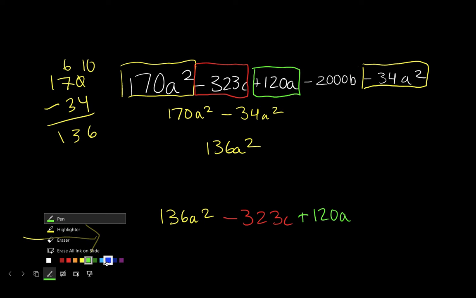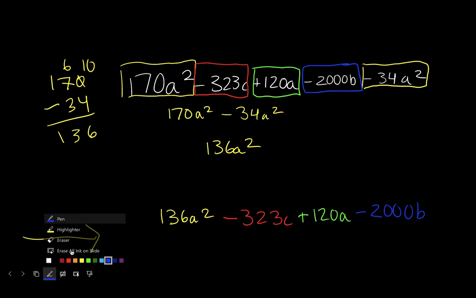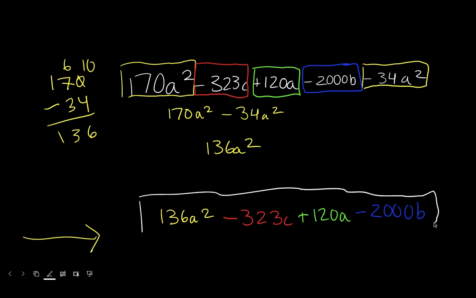And we're going to keep going. Oh, we have this negative 2000b. There are no other b's, so we're going to insert that into our equation. So our final equation is 136a squared minus 323c plus 120a minus 2000b.